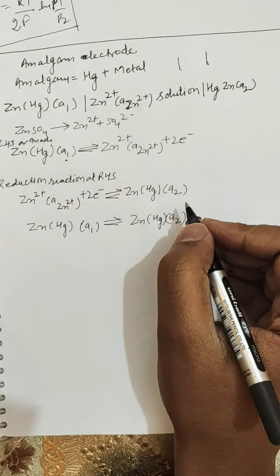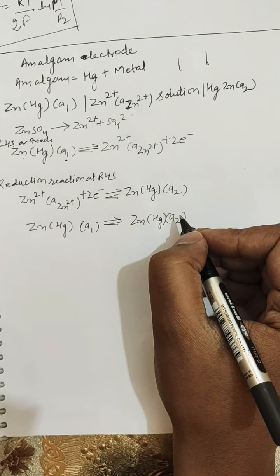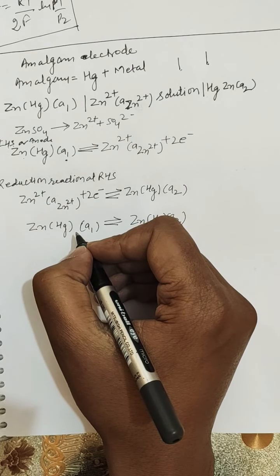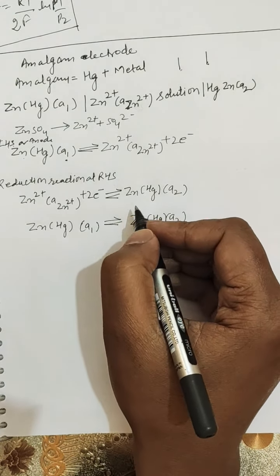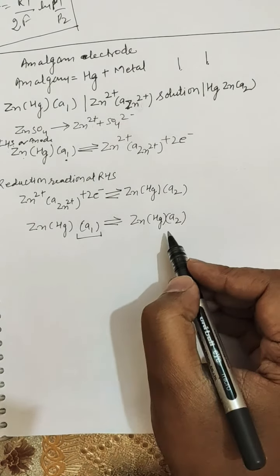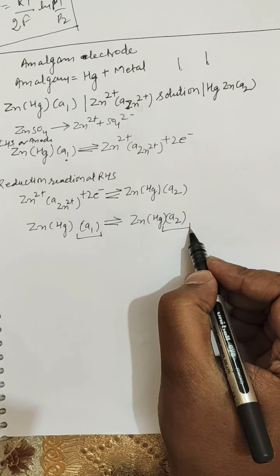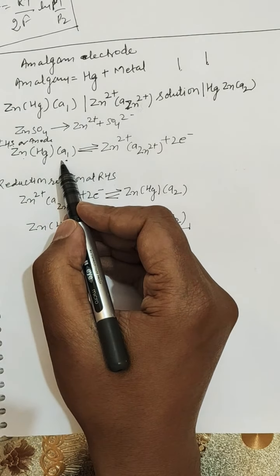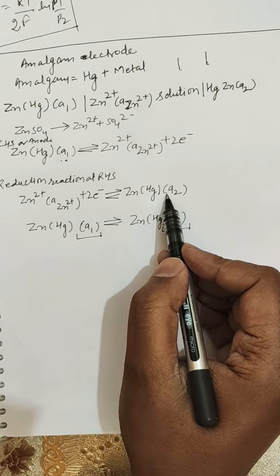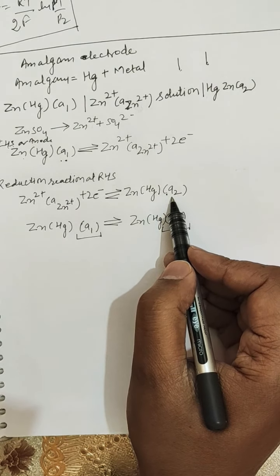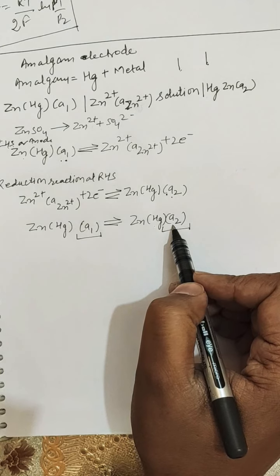So it is clear from above that the net reaction involved transfer of zinc amalgam having activity A1 to the amalgam of activity A2 at the other electrode. So there is a net change in the concentration from one electrode to the other. At one electrode the concentration is A1, that is at the anode, and at the reducing electrode or cathode, the concentration of the zinc amalgam is A2.